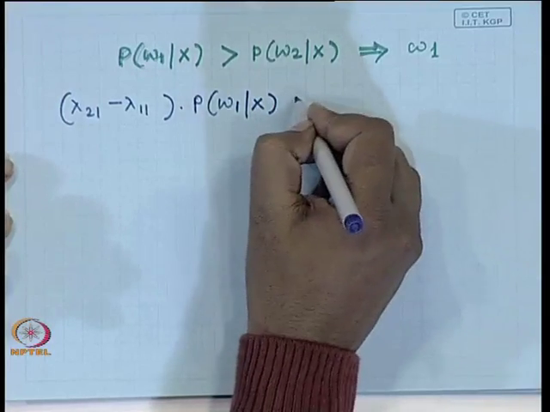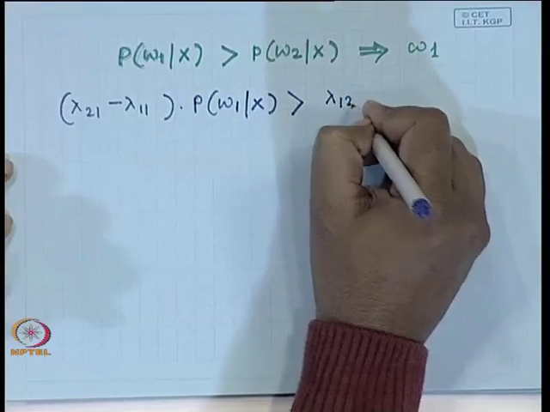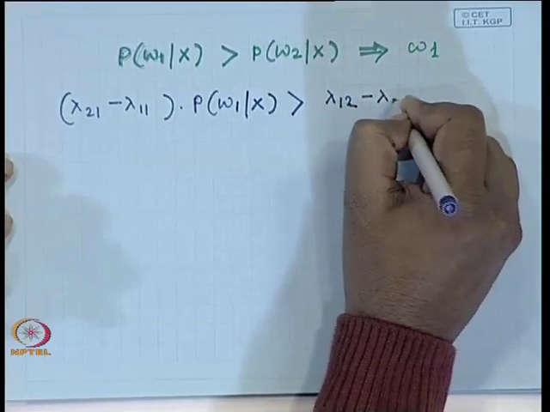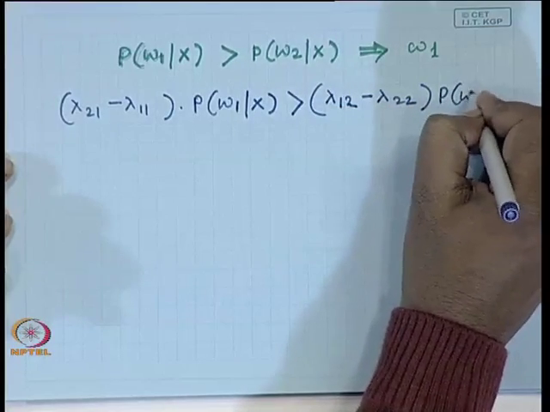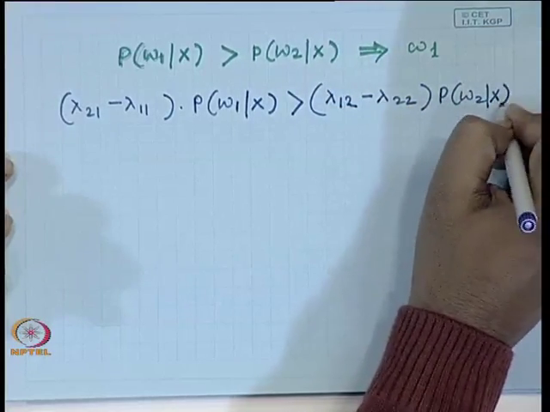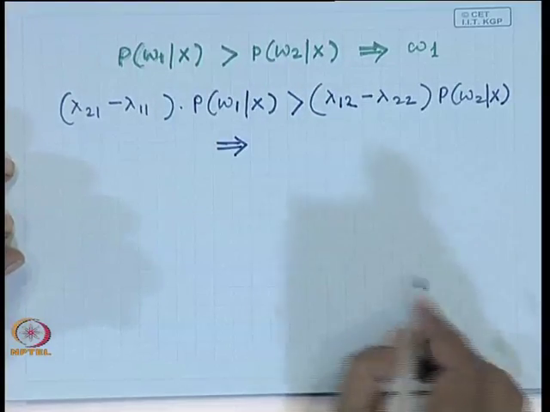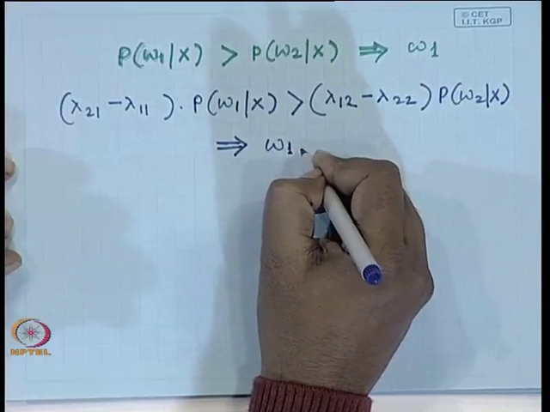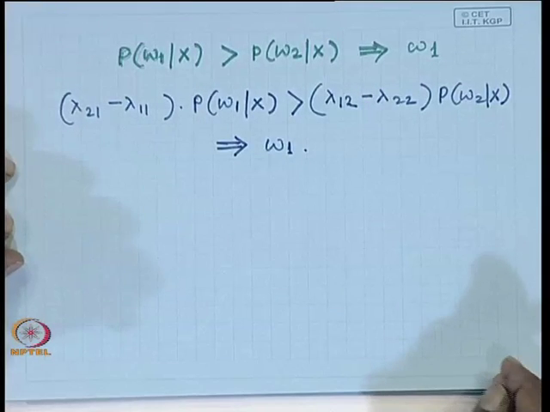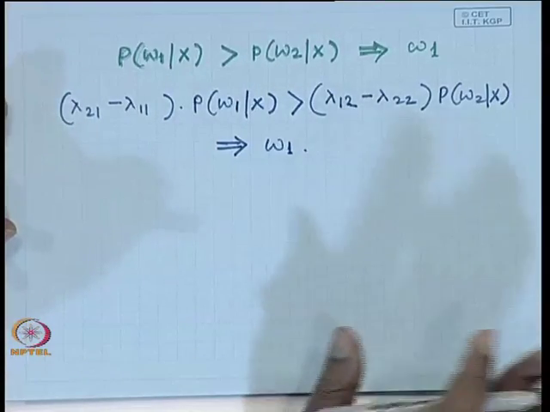That is greater than lambda 1 2 minus lambda 2 2 into p of omega 2 given x. This initiates action alpha 1, or deciding in favor of omega 1. So, this is what we get following the minimum risk classification.